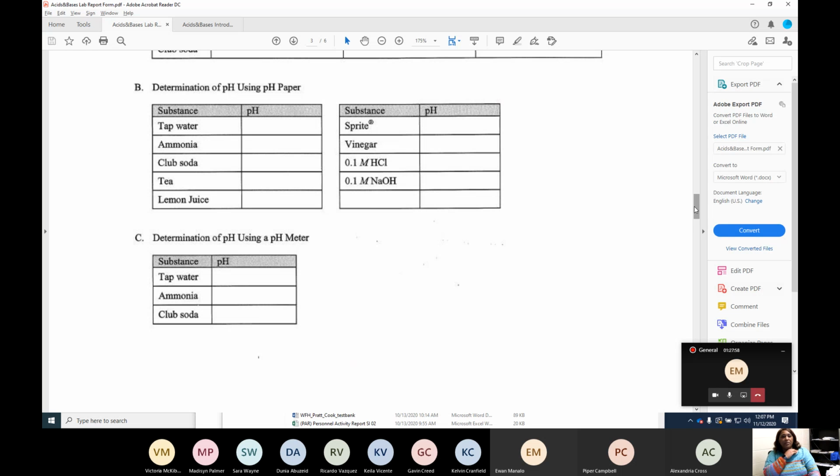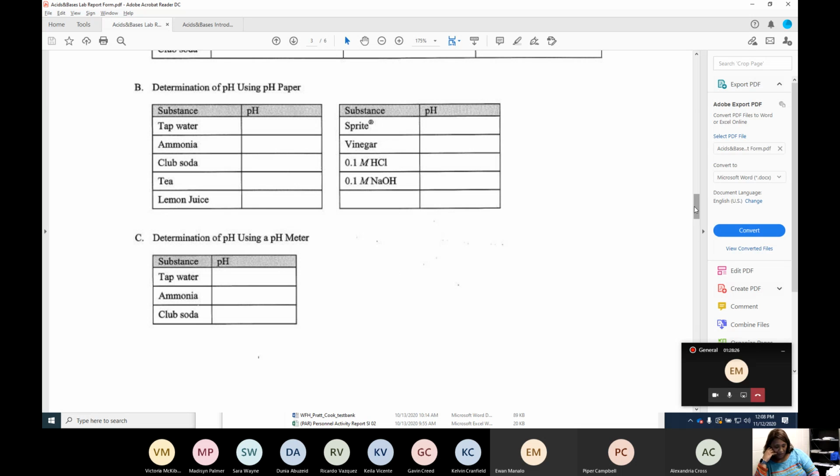There may be a few of them that you may have thought may have been more of a range because between two of the colors on the pH paper guide. So which one of those fell into that category for you? Which one of these liquid substances did you feel had more of a pH range rather than a single pH value? Any of them?